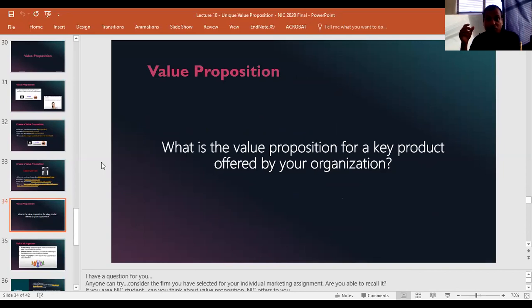So I have a question for you. What is the value proposition for a key product offered by your organization? I think you recently submitted your individual marketing assignment. If you are able to recall, could some of you tell me what value proposition the company had?